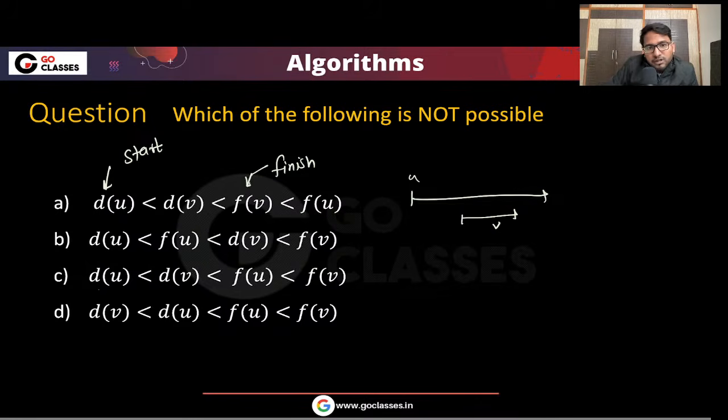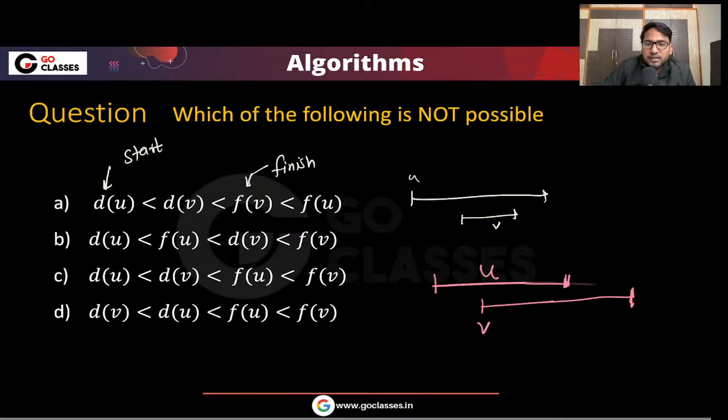Is this possible? You are starting U, then in between you are starting V, and then you say let U be finished, before V finishes, and then we will be finishing V here.